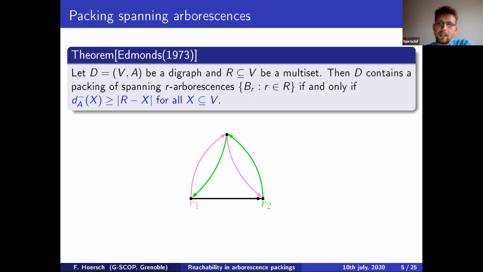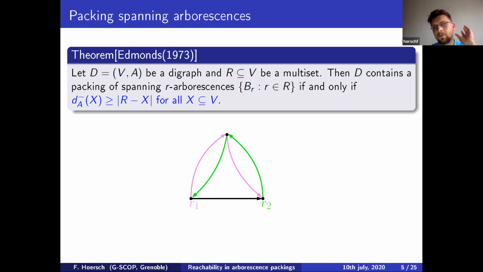And after that, I say I want to have the arborescences so that they have exactly these roots. And there's that characterization. Again, we can easily see that this condition is necessary because if I have a given vertex set X, every arborescence either has to start in X or has to get into X. All that do not start in X have to get into it.